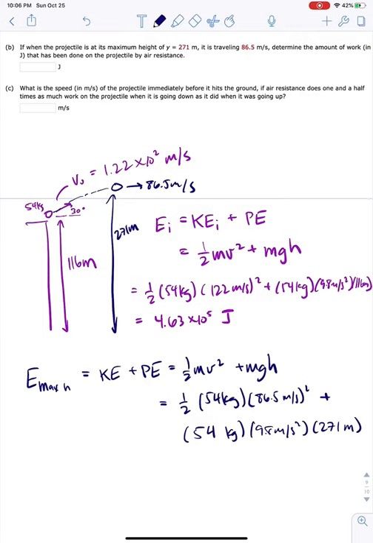And those give us a total energy at this stage of, plugging in the numbers, 3.45 times 10 to the 5th joules.